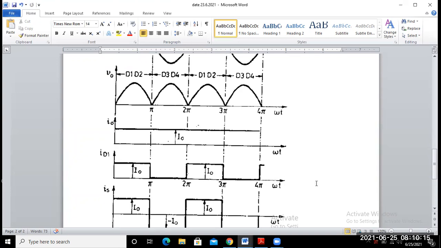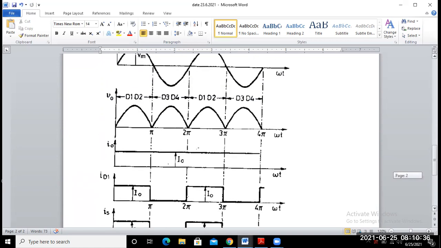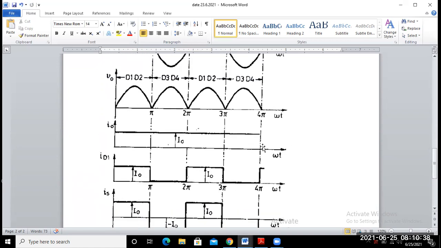Next one is your supply current waveform, which is a square wave. From 0 to pi it is like this, I0. This is your supply current waveform. All the waveforms we have already explained in the previous class also. For a pure resistive load, the output current is similar to the output voltage waveform.